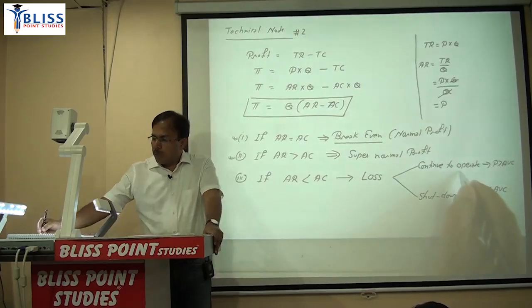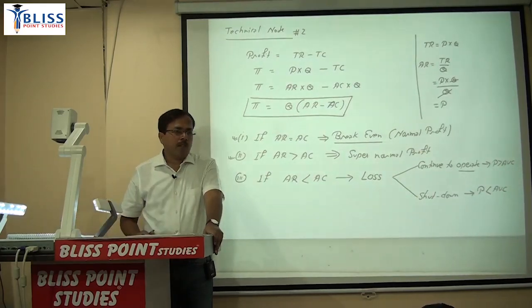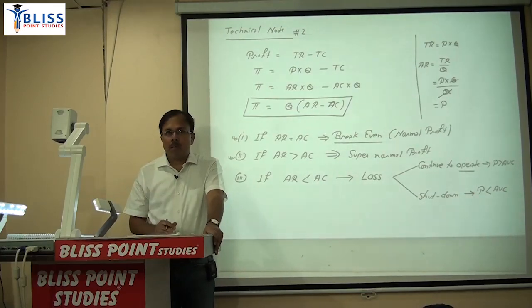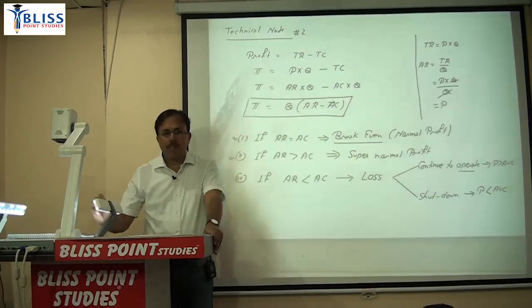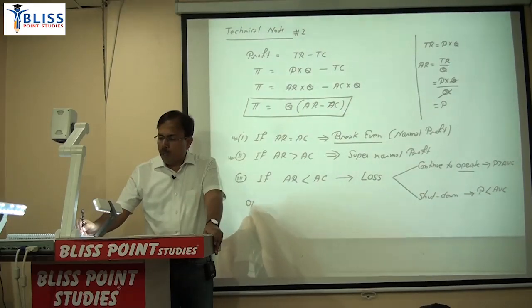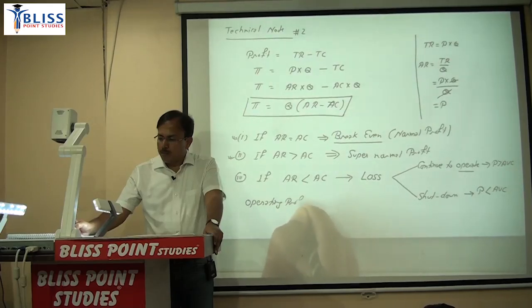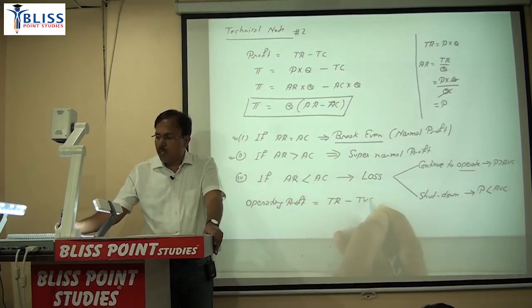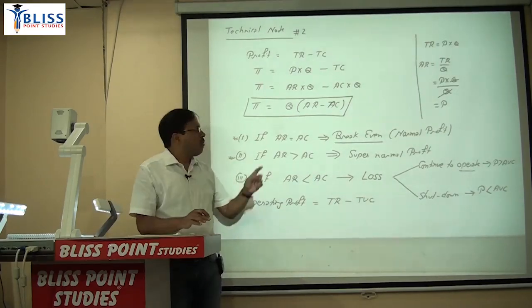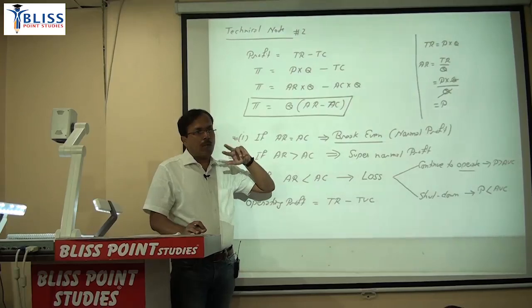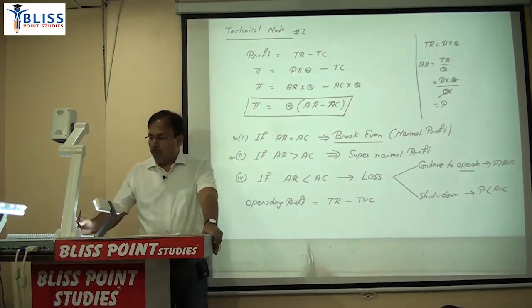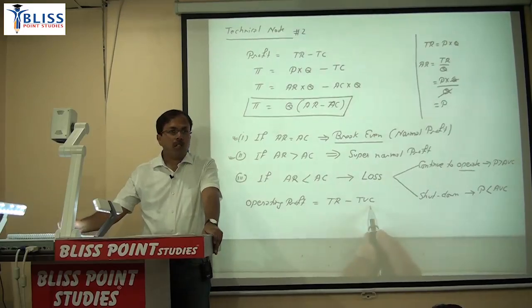I will make it further easy for you to memorize. Firm operate तभी करेगा when firm earns operating profit. But what is operating profit and how is this profit different? When I say operating profit, then operating profit is TR minus TVC only, and when you find the other profit, then it is TR minus TC, but TC includes variable and fixed both, but operating profit is only TR minus total variable cost.